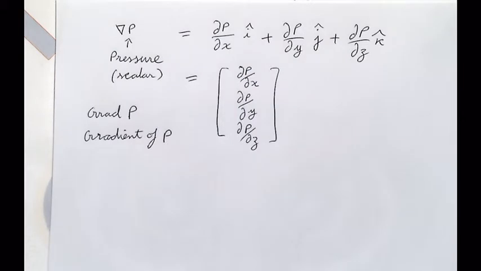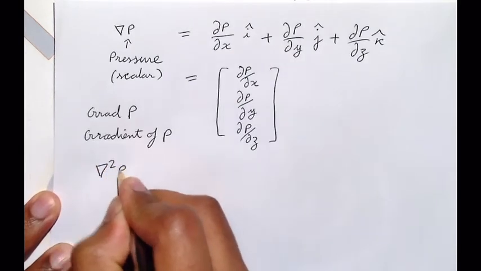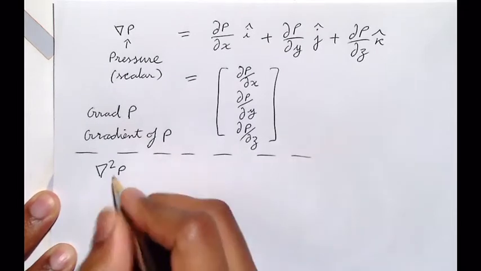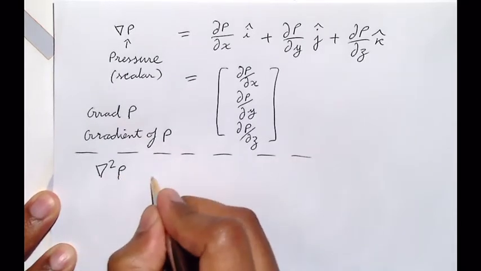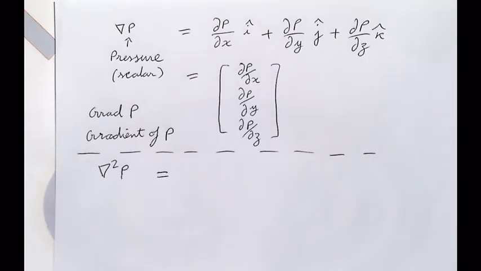Beyond the gradient, we also know there's something called the Laplacian, Laplace squared P. And does anybody know what this Laplace squared P is equal to?